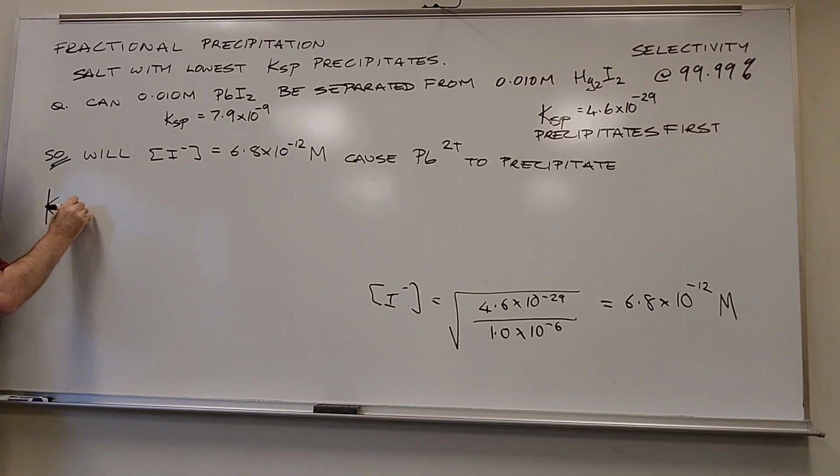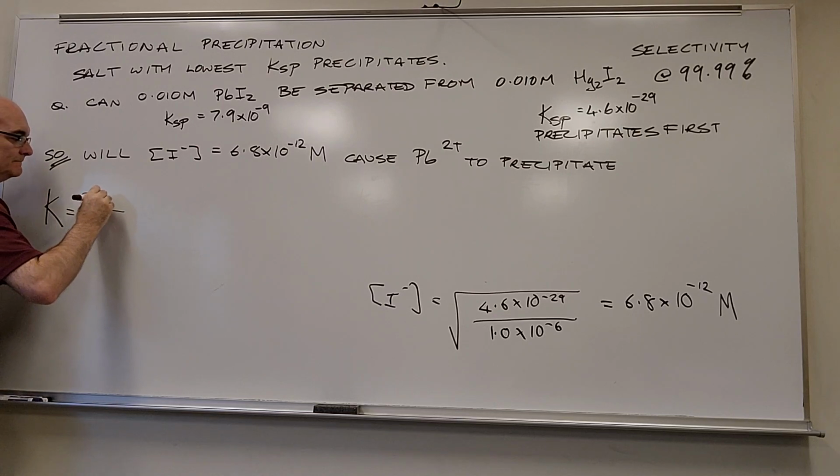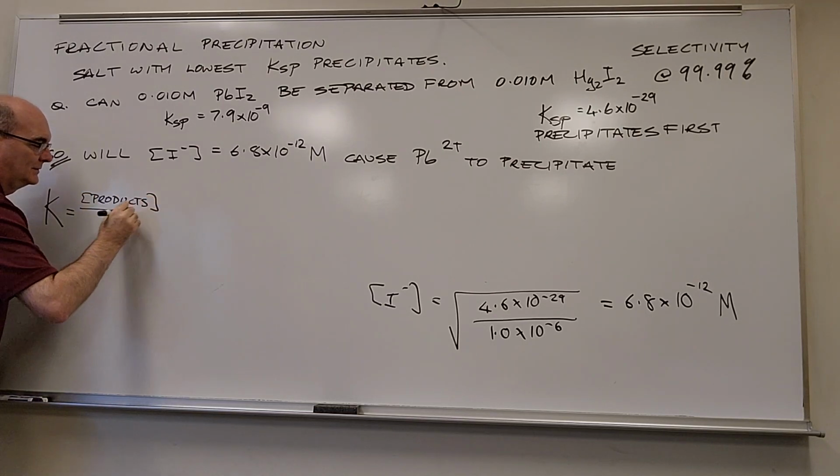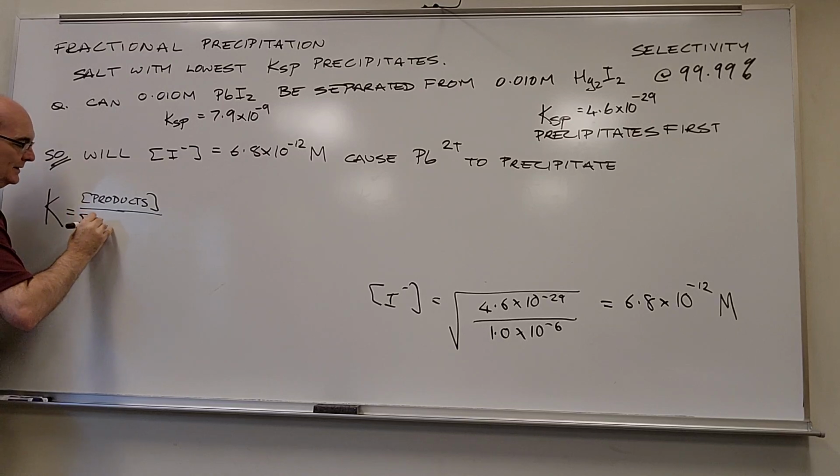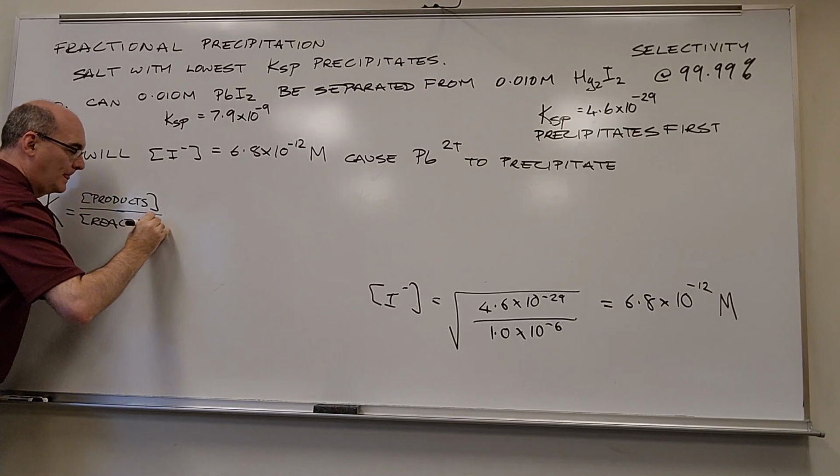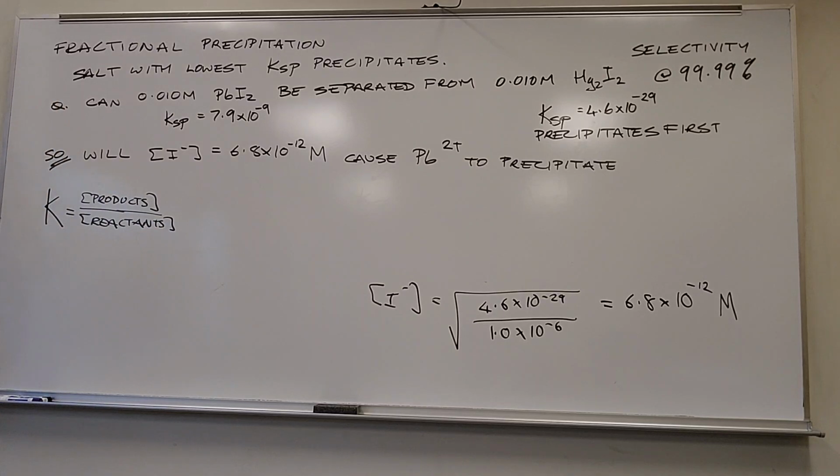K is the concentration of products divided by reactants. Yes? In all circumstances? Under all concentrations? Well, there's no solids or. Okay. And in the KSP equation, there is typically no reactants. But K, just in general, and if you made a KC, then you could say it's just concentrations, products divided by reactants.